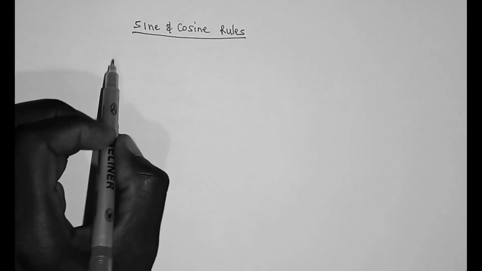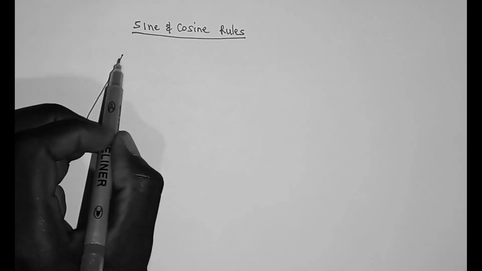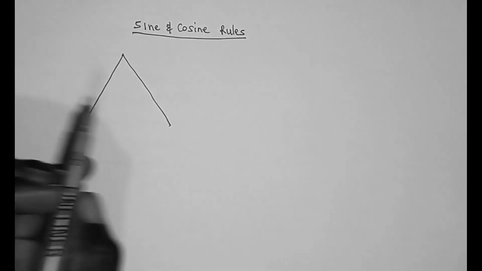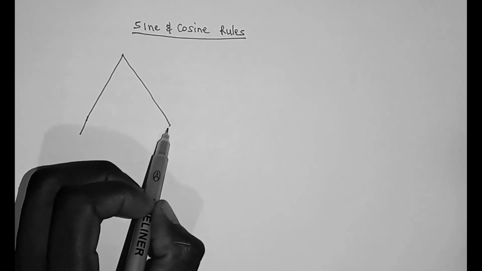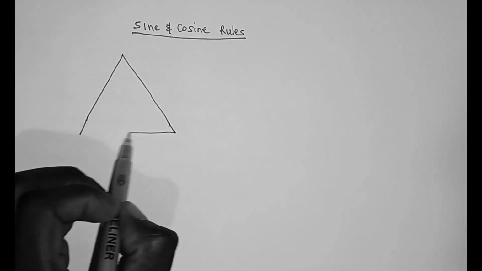So at this point, let's talk about the sine and the cosine rules. Let's assume that we have a triangle of this form. Let's use this triangle as a case study.